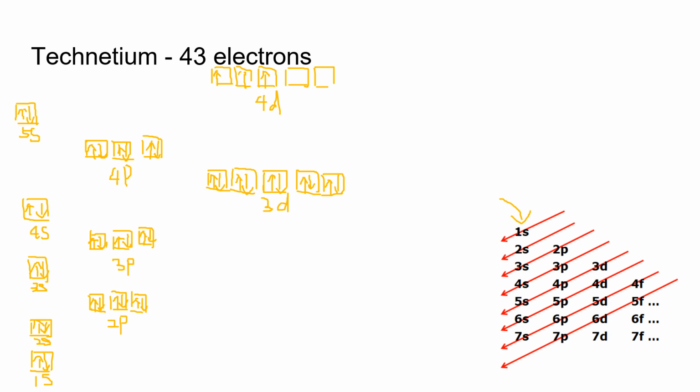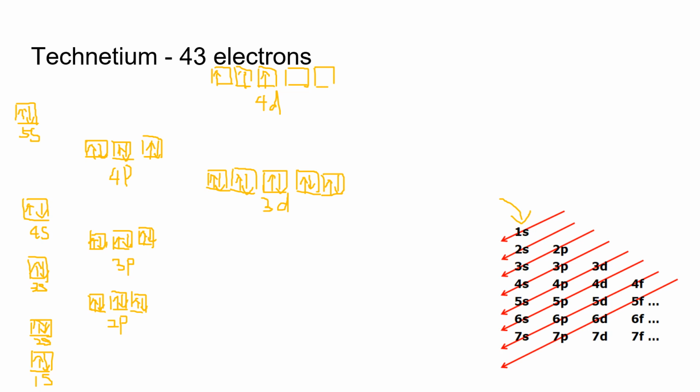Sorry, not 10 electrons. Right now we have 1, 2, 3, 4, 5, 6, 7, 8, 9, 10, 11, 12, 13, 14, 15, 16, 17, 18, 19, which gives us 38 electrons right now.